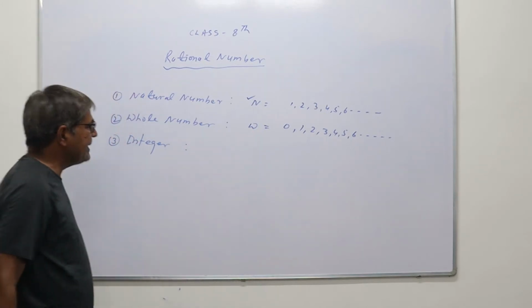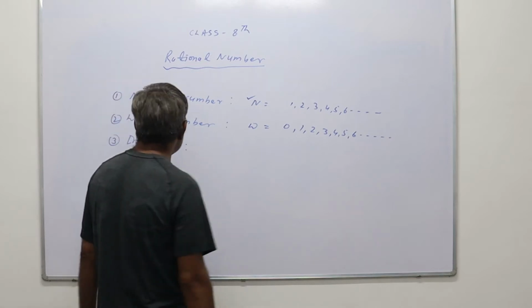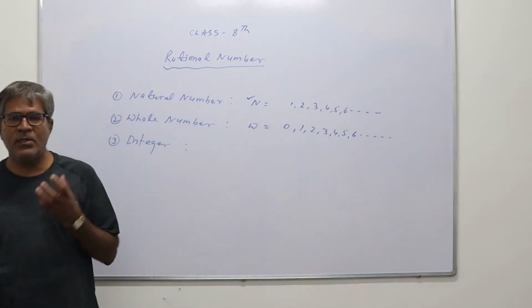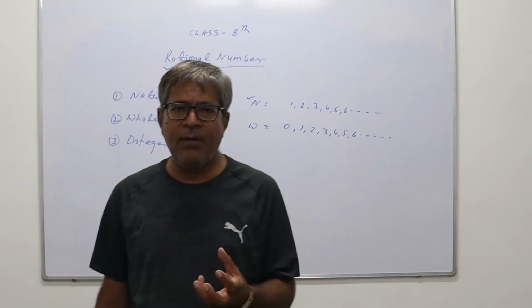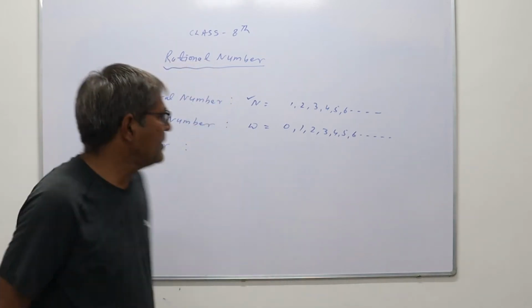Next one is integer. So what are the integers? The integers are the collection of all the positive complete numbers, all the negative complete numbers including 0.